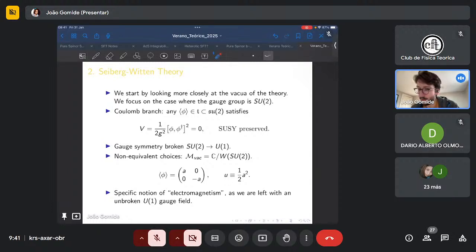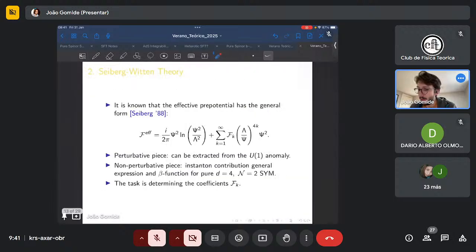The A will still be important, but it will be some auxiliary description. So this is the first type of characterization of the moduli space of vacua that we have. It is basically the different values of u.